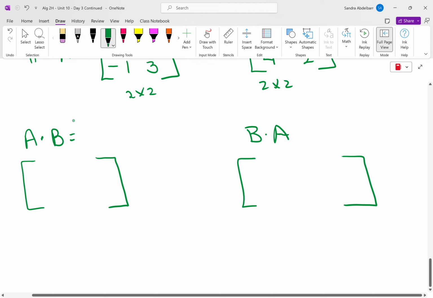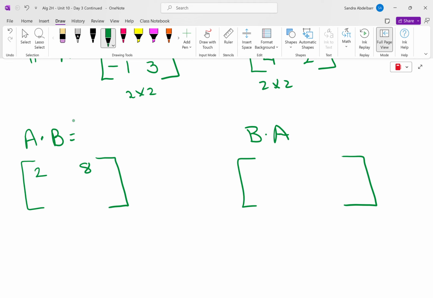All right, who multiplied A times B? What did you get? Abby? 2 and 8, 13, negative 11. You got it. This side of the room, who multiplied B times A? What did you get?